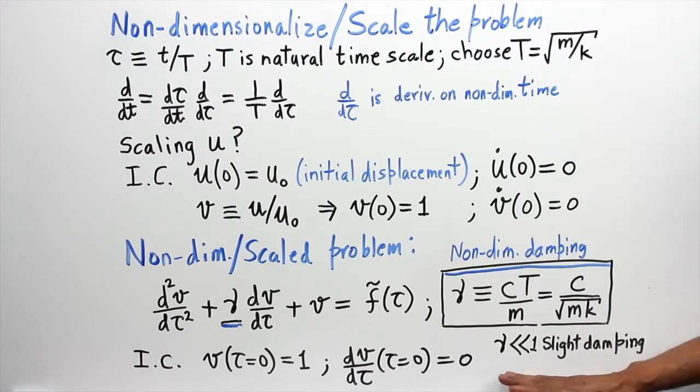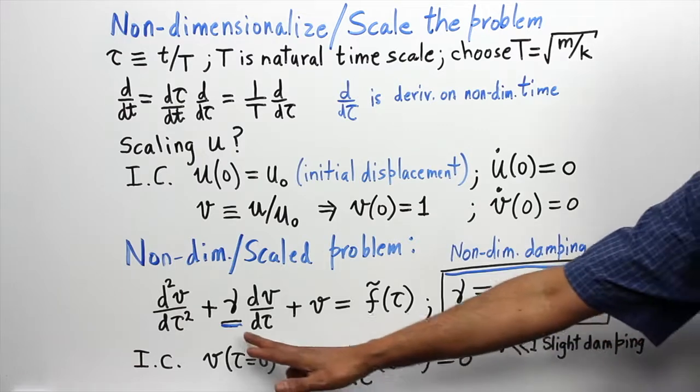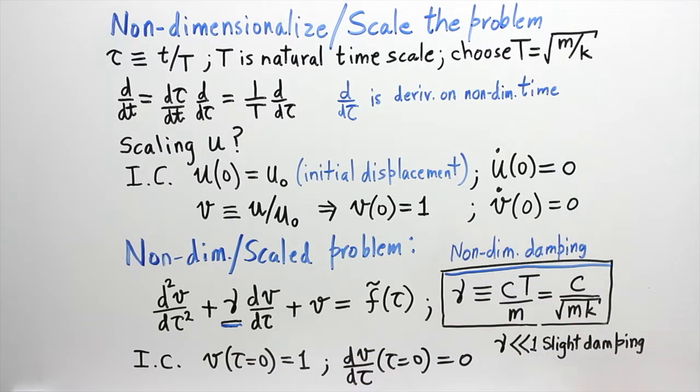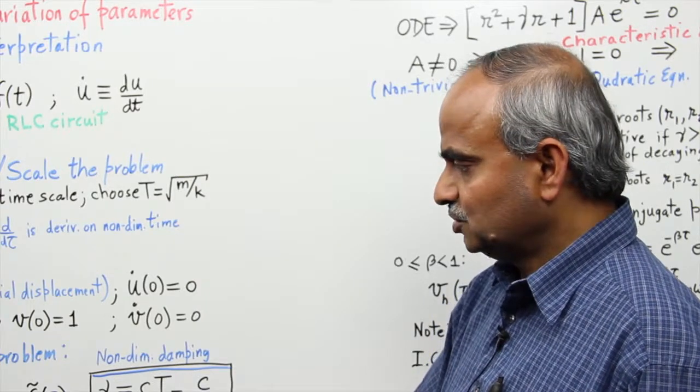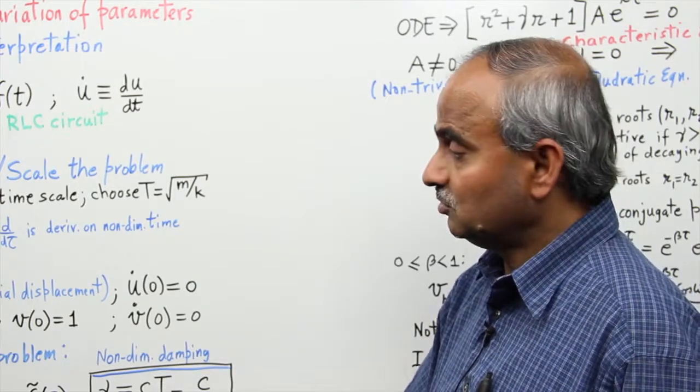So if we can solve this problem, we have solved the whole family of solutions for arbitrary values of the 4 parameters in terms of solutions that are given by just a single parameter. So this is an extremely powerful method. It allows us to find solutions to a larger class of problems by solving just one problem.